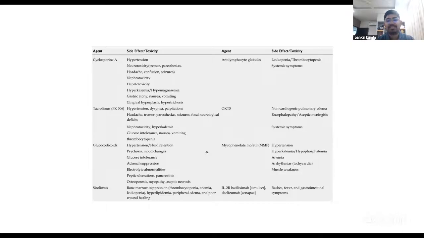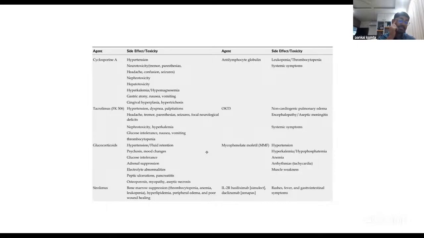Again, bone marrow suppression is generally also seen with MMF, and you may have associated hyperkalemia, hypophosphatemia. With antithymocyte globulin, again, you will see leukopenia, thrombocytopenia. And with basiliximab, generally the risk tends to be more of rashes, fever, and GI symptoms. So each immunosuppressant has its own classical picture, but generally you will see that MMF or sirolimus will lean more towards bone marrow suppression.